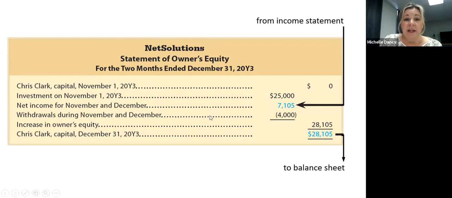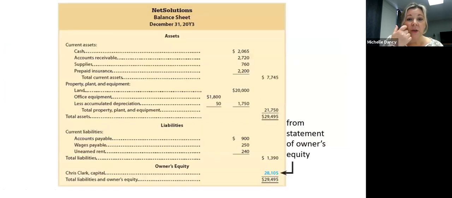Now we did our income statement, and now we did our statement of owner's equity. The answer from our statement of owner's equity, our ending capital, goes to our balance sheet. That's why we always do our statements in this order. So here's our balance sheet. Don't forget, our balance sheet in the heading just has the date, the ending date.